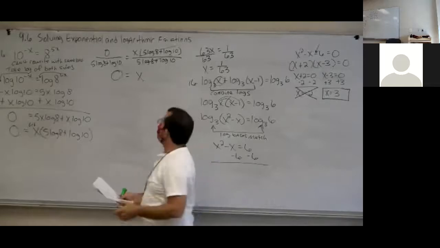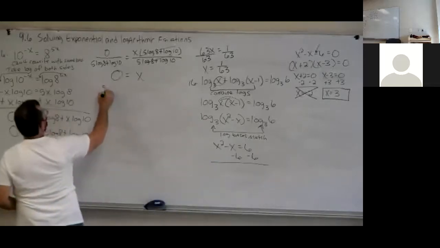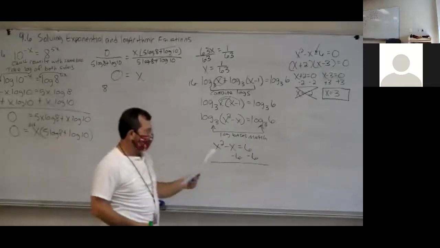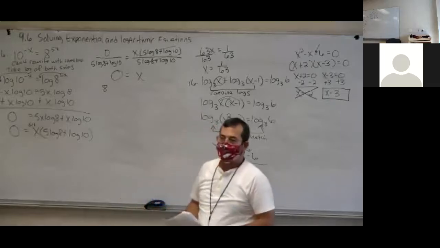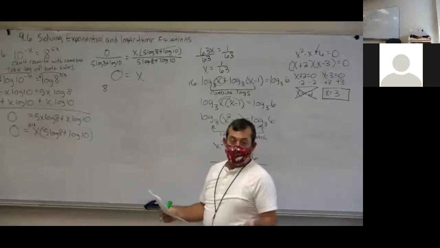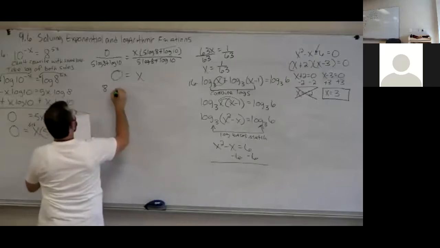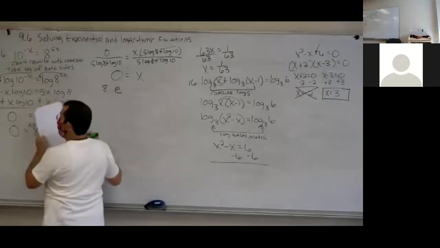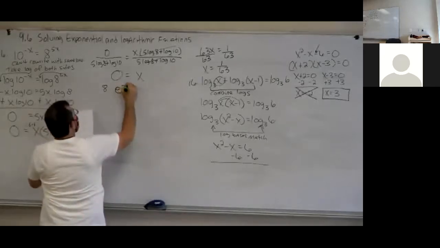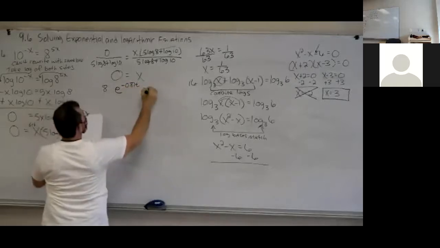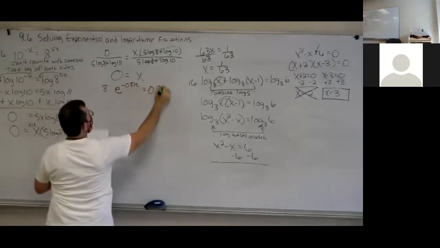So let's do 8. I skipped 8 a while ago. And 8 has the e on it. So since it's got the e, I'm going to use the ln on this one, okay? So I got e to the negative 0.87t equals 0.89.